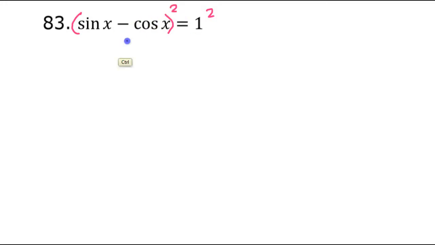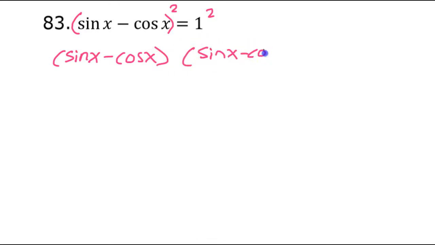That's the bottom line. So if I square this side, I really have to multiply sine x minus cosine x times sine x minus cosine x. All right, and this is going to equal 1. So to multiply these out, it's going to be like a double distributive property.